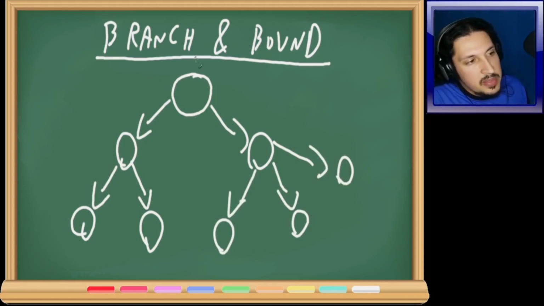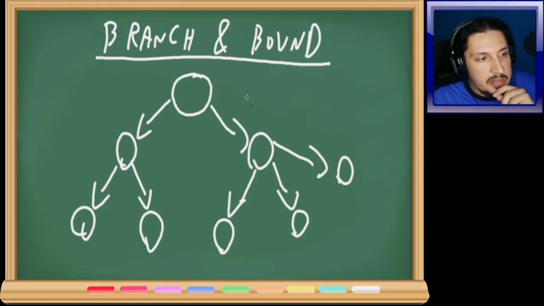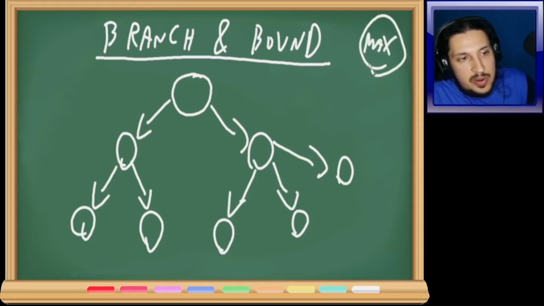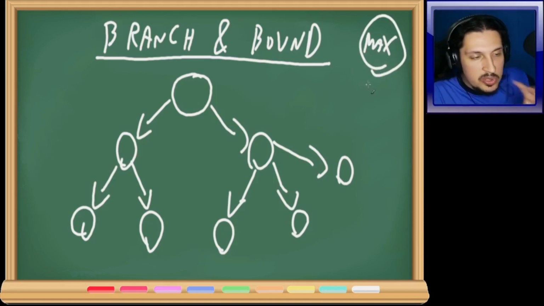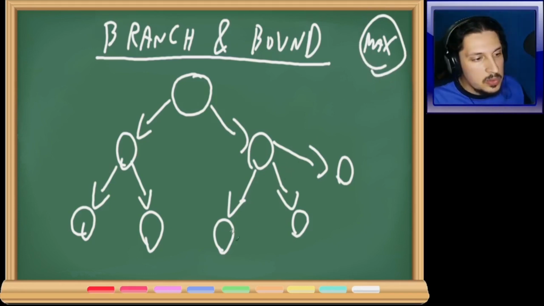Let me emphasize that this will be used mainly to find solutions for, let's say, maximizing problems, for example. So let's concentrate on that idea. We want to find the solution that we can create at the end of this process that has the maximum value, and we somehow calculate the value of solutions.